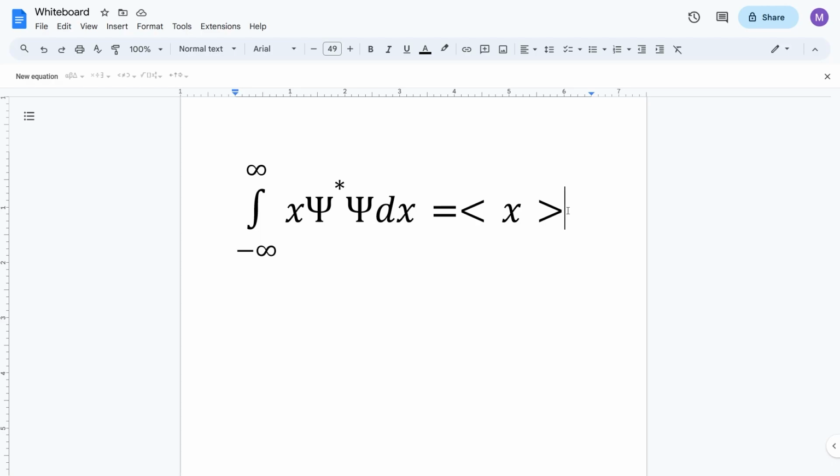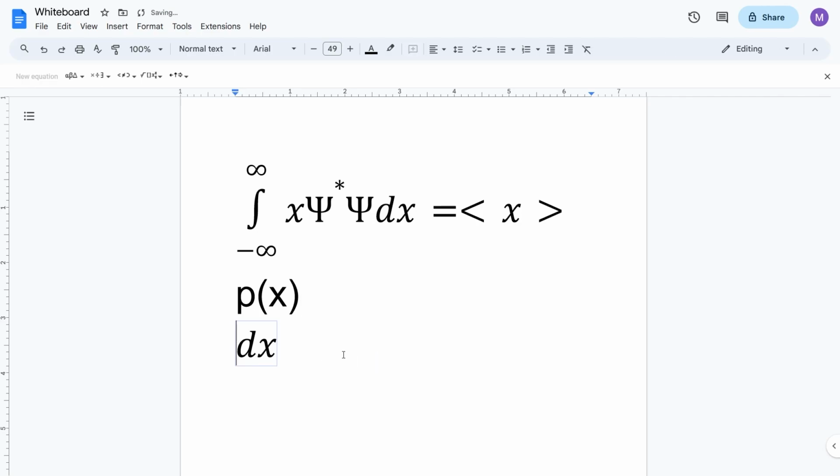I feel like the name is descriptive enough, right? It's the expected position. Once again, we're working with probability. You're not going to get the exact position, you're going to get the expected position, so the position that you expect the particle to be in. This is just the formula for it. So when you have a probability function, this is just the formula for expected value.